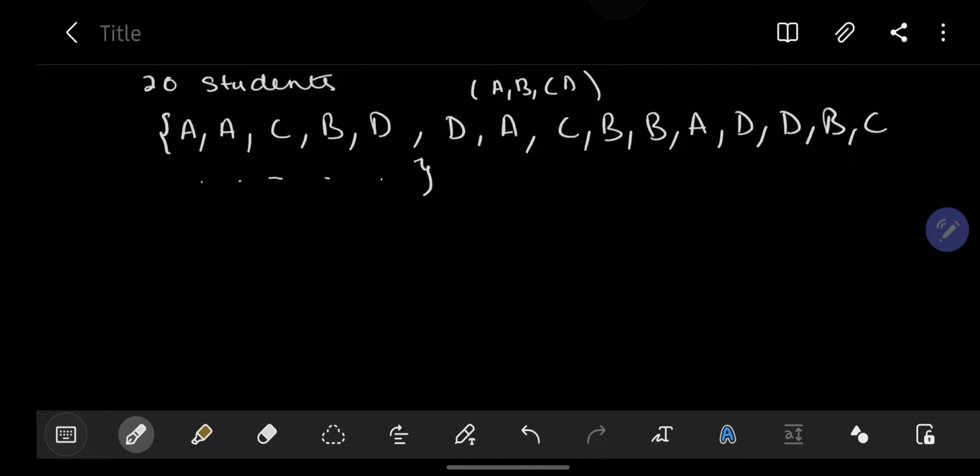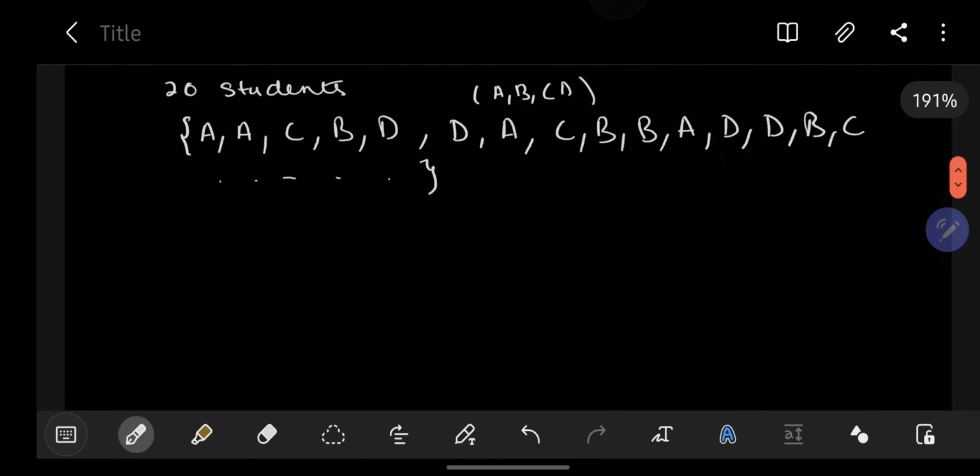To count these, there's a basic, efficient way of calculating. That would be the tally mark method, or just calculating frequency by tally marks.